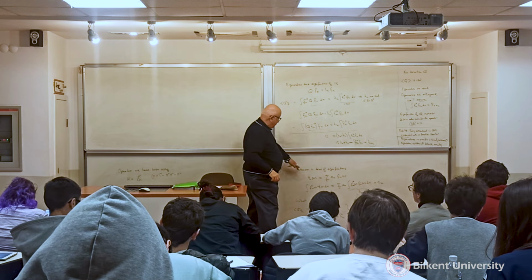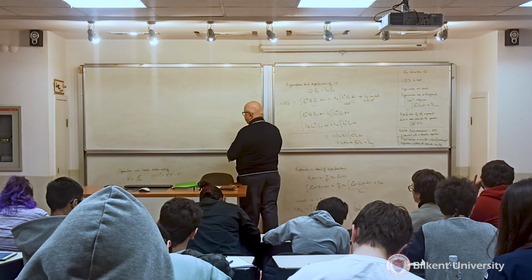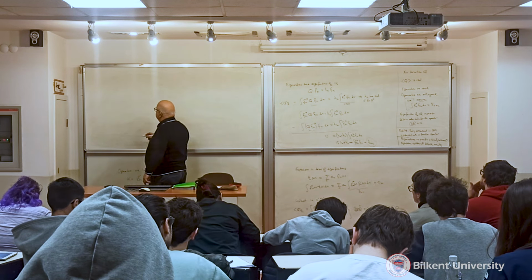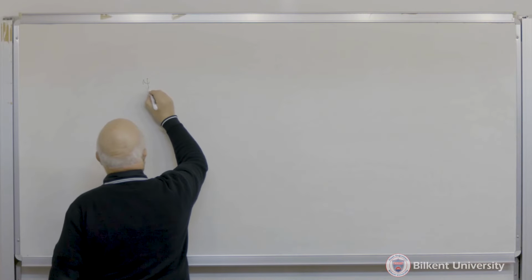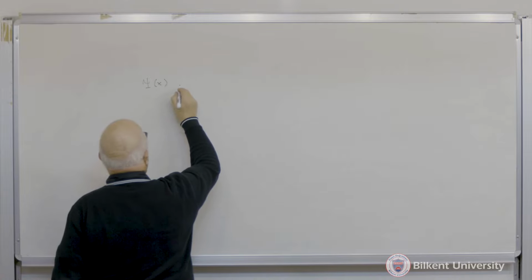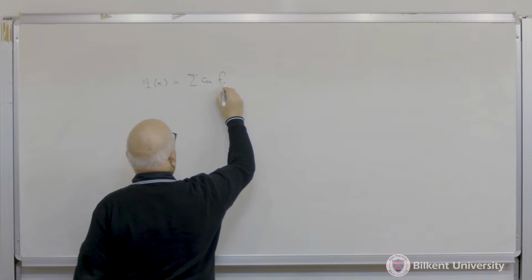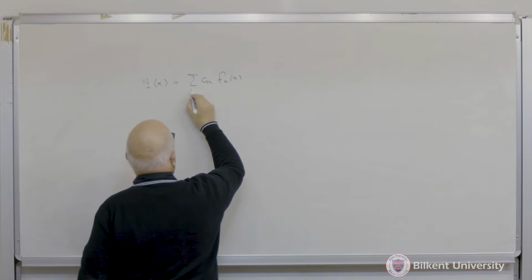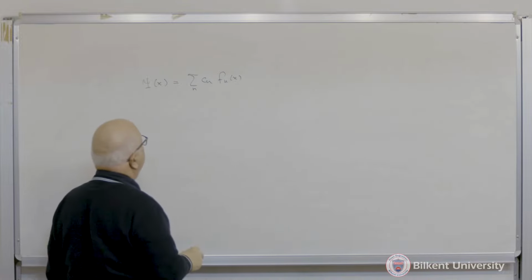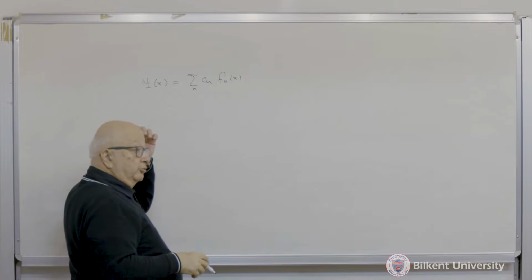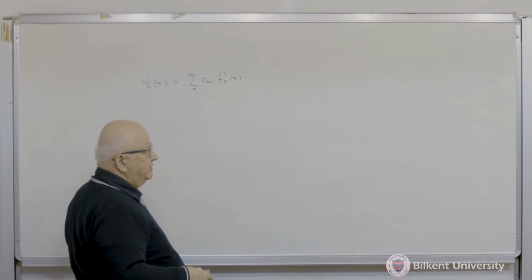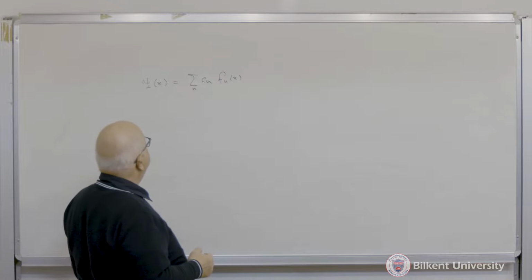We have expanded our general wave function in terms of the eigenstates. So let me return back to that. I have psi of x equal to the sum over n of c_n f_n of x. And I know how to determine these c_n's, but let's see what those c_n's now mean.